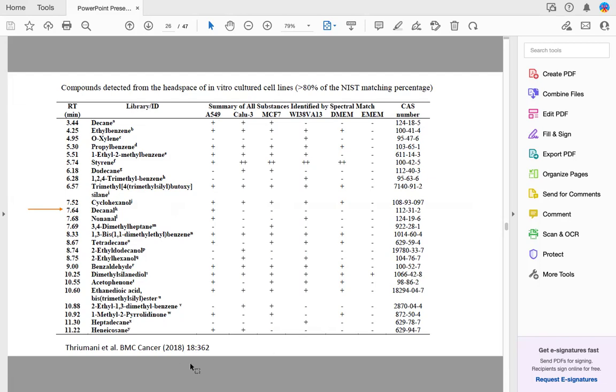So instead of using standard techniques, we check which volatile chemicals actually give an indicator that you have, for example, lung cancers. So we have to study which chemicals.